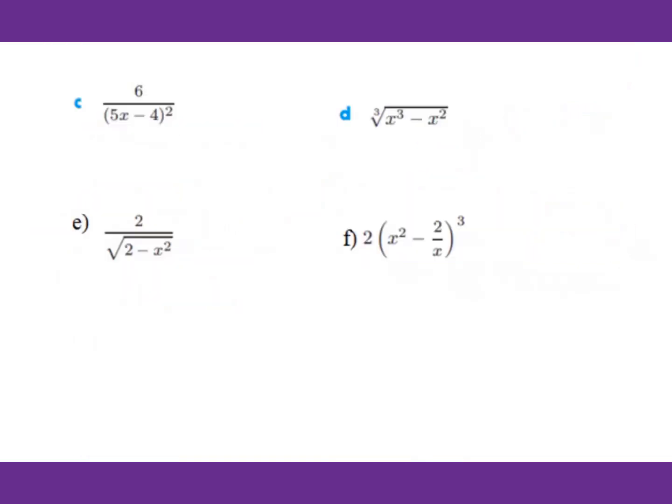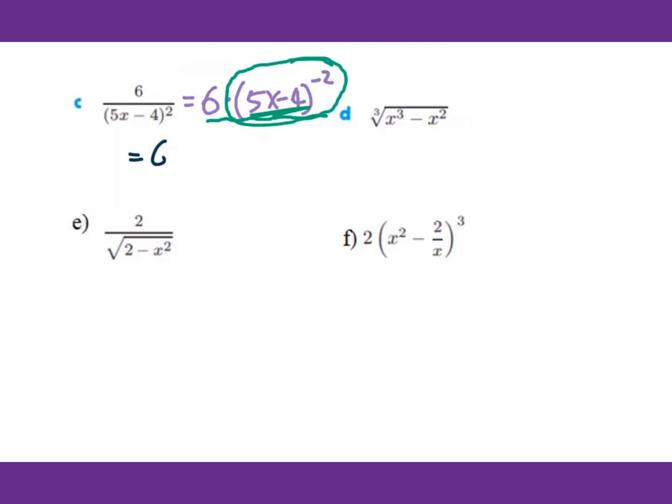Now let's go to C. Still, you need to change it into the power form: 5x minus 4 to the negative second power. First of all, you have to use the power rule to work this out. Then do inside.